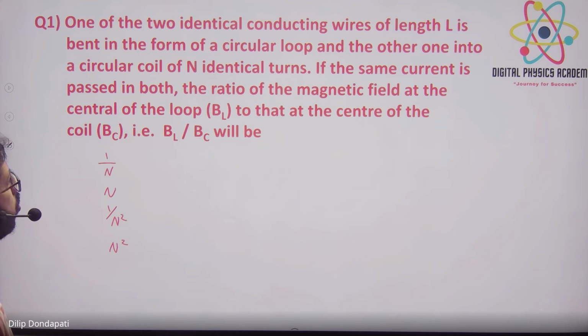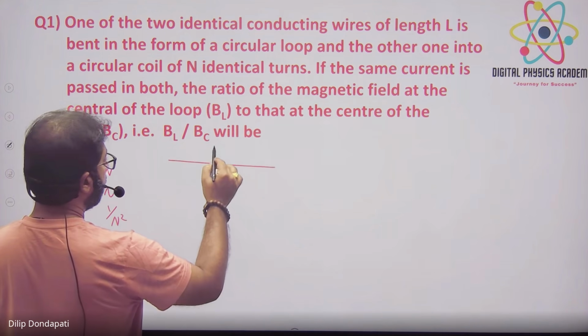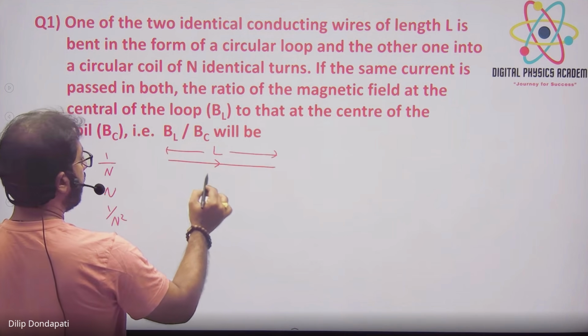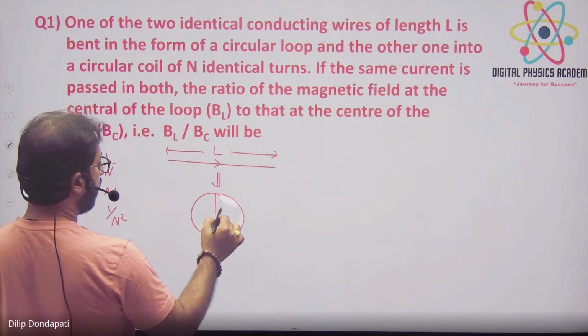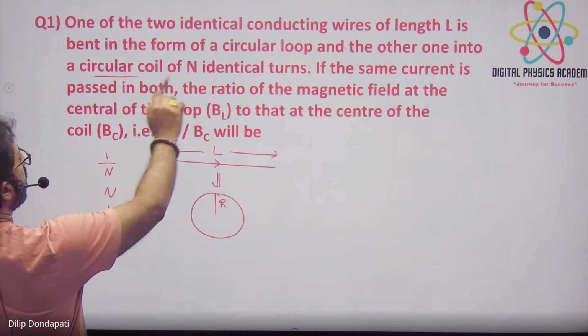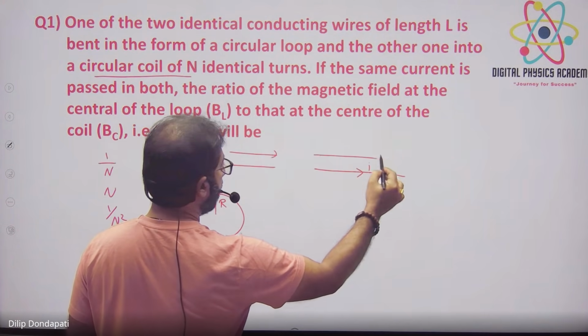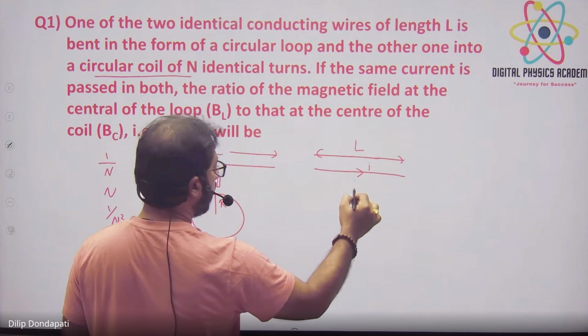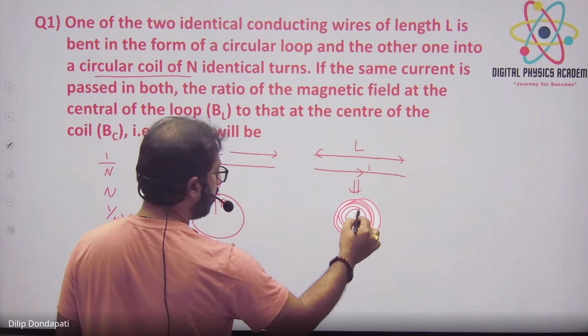One of the two identical conducting wires of length L is bent to form a circular loop. एक length L है wire. It is bent in the form of a circular loop, इसका radius है capital R मान लो. The other one is bent into a circular coil of n identical turns. Same wire है, इसका length L है. इसको मैंने bent into many circular forms, इसका radius is small r मान लो.